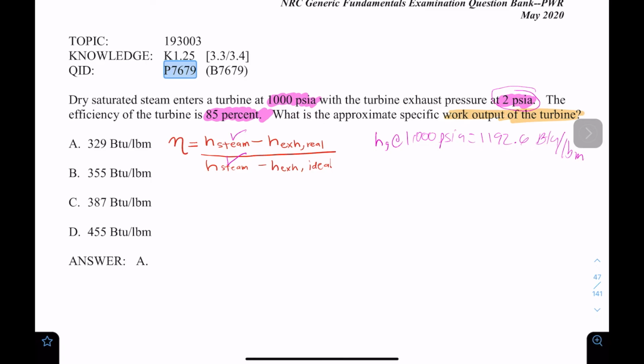So I'm going to use that one, and since I know that what's exiting my turbine is already condensed, I know it is 2. So let's take a look at this.